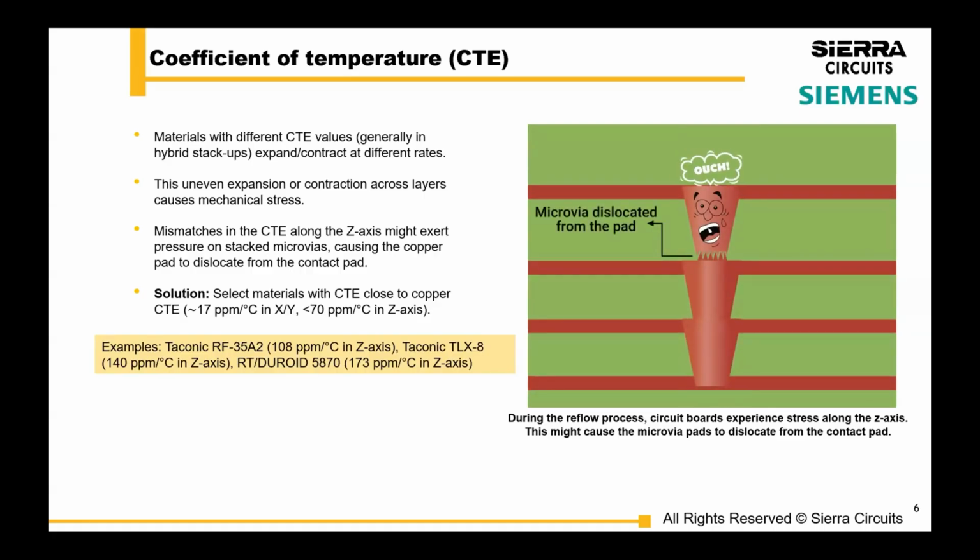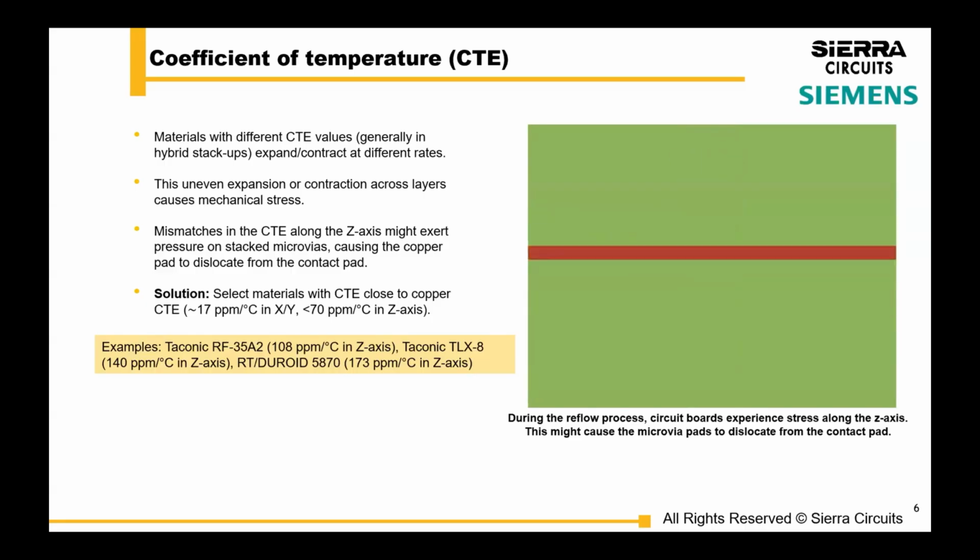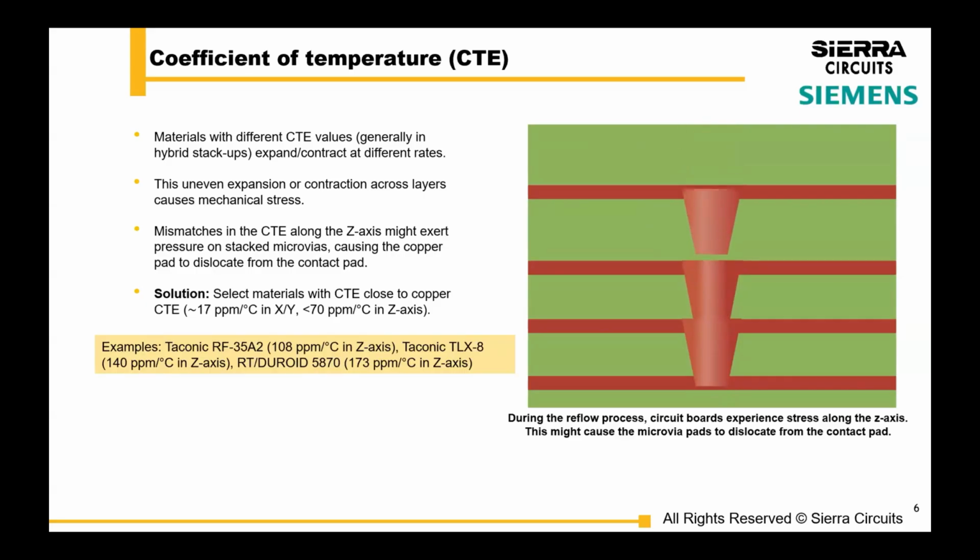So both of these, the Dk, Df, CTE, they go along with what is your application, what are your design requirements, and not just isolated decisions. But CTE is important in PCB manufacturing as well as on the assembly side. You want as few mismatches in CTE as possible.